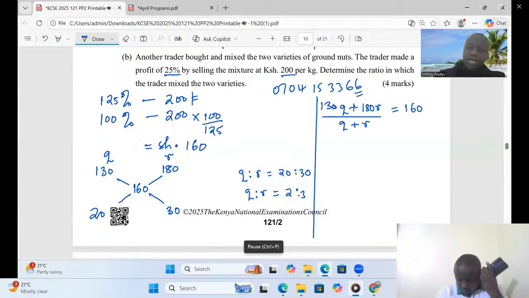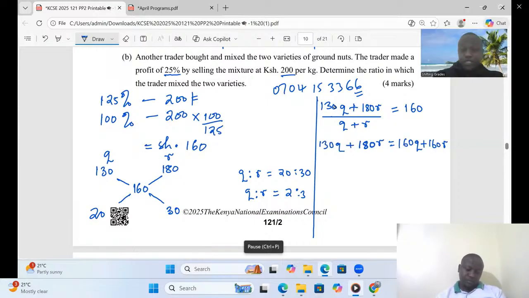Therefore, by cross multiplication, Q plus R multiplied by 160 leaves us with 130 multiplied by Q plus 180 multiplied by R. This is equal to 160 multiplied by Q plus 160 multiplied by R.